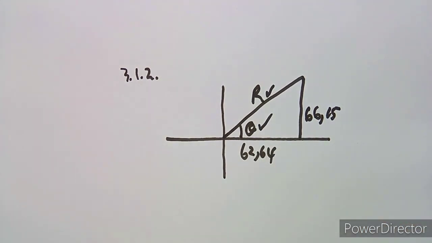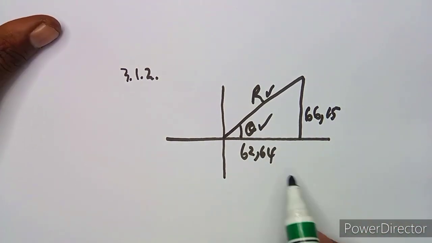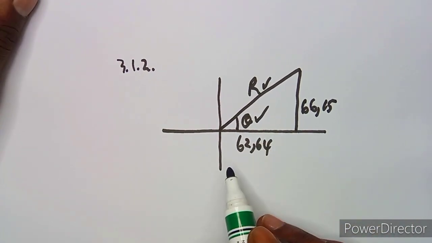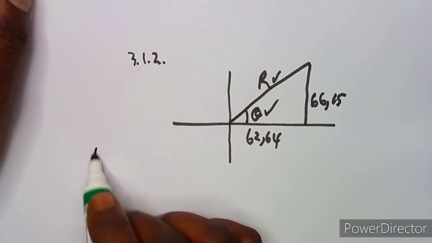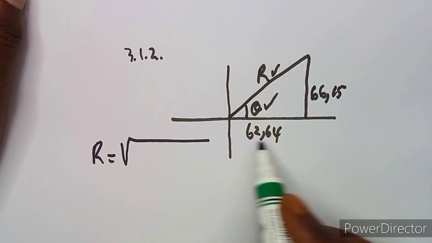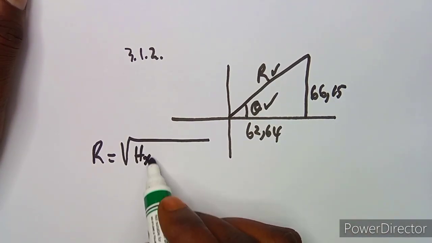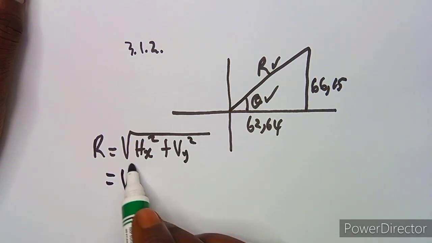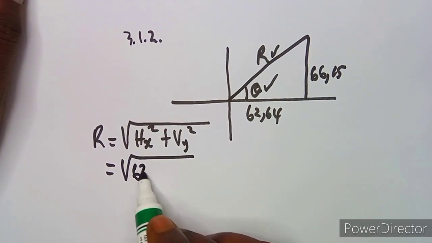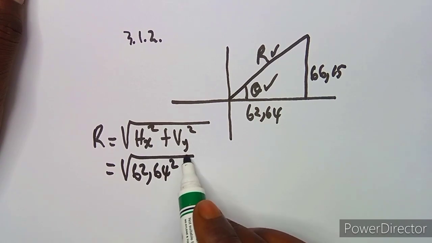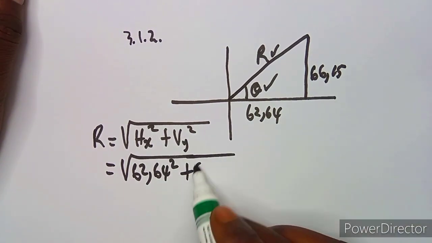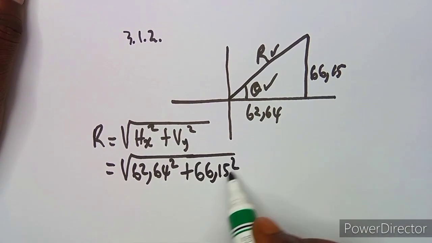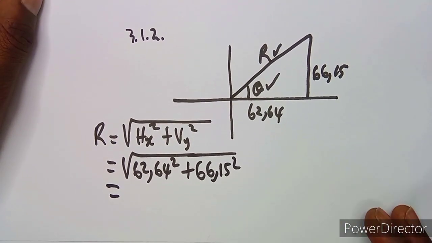Okay, so if you cross-check the resultant, it's going to be taken from your Pythagoras theorem, where r is equivalent to the square root of the horizontal component squared plus the vertical component squared. So it's the square root of 62,64 squared plus the vertical, which is 66,15 squared. This is from your Pythagoras theorem.